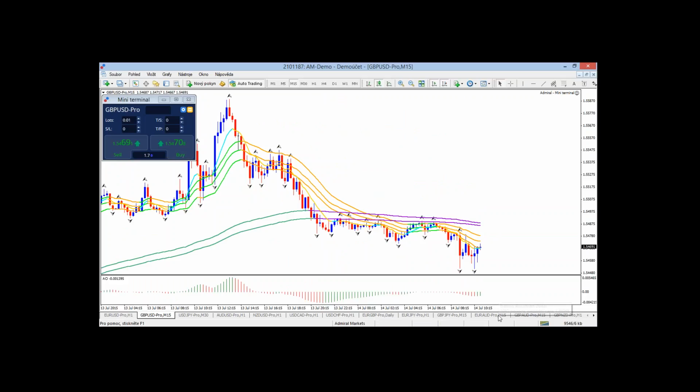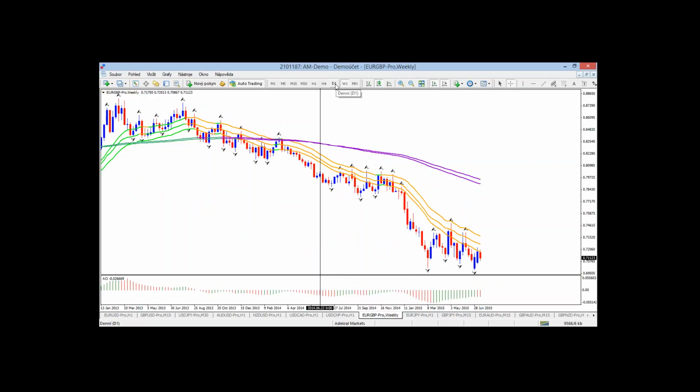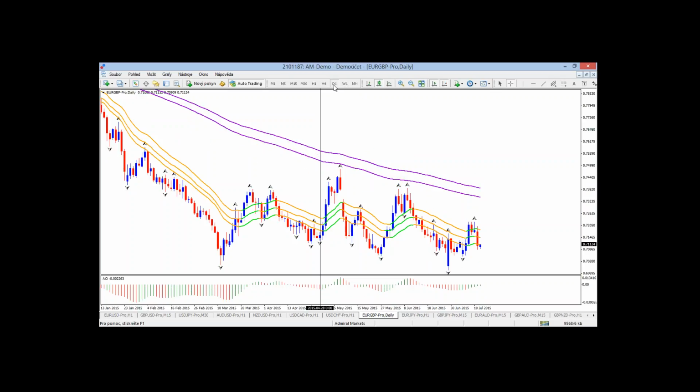Now, I promised the euro pound a while ago, and I still didn't look at it. Let me take a look. Euro pound daily chart.